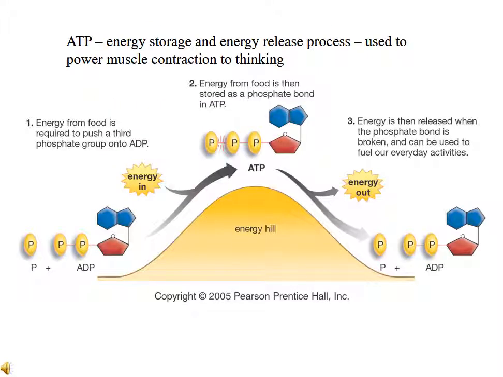To review our ATP, remember ATP is formed when chemical reactions occur that release energy. ADP, on your left, as you can see, will be converted to ATP when food is broken down like glucose and energy is released.